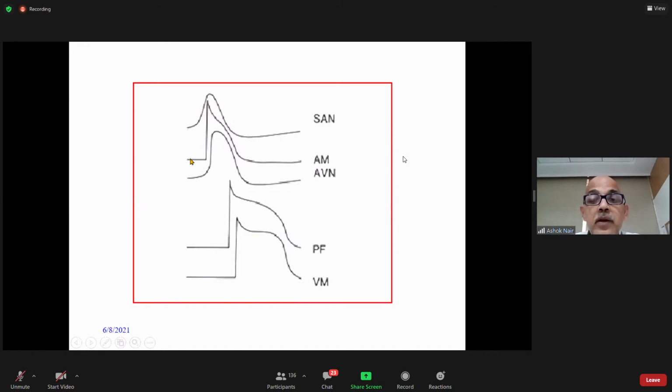In the case of cardiac muscle, the action potential forms are different. SA node we have seen last class, and also atrial musculature, ventricular musculature. Similarly, AV junction and Purkinje fibers.